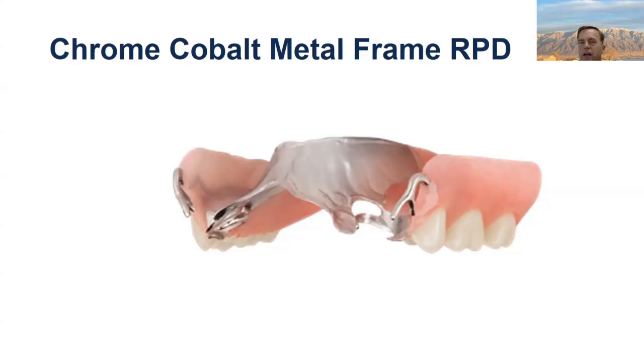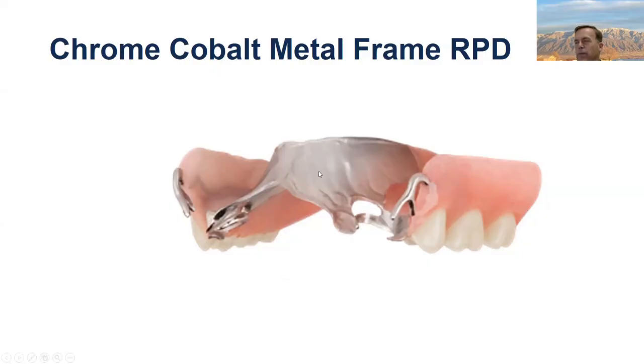But just from a clinical and scientific perspective, this is still a viable option today, and there's a reason that we use it. This material is very, very strong, which means we can make it thin. It's ductile, so we can create the clasps and the rigid major connector out of the same thing. And the last thing is that all of this can be repaired.